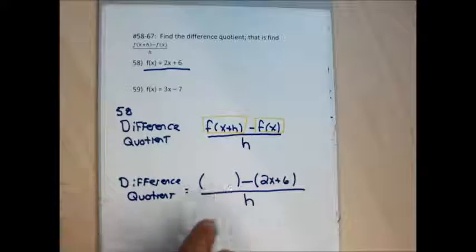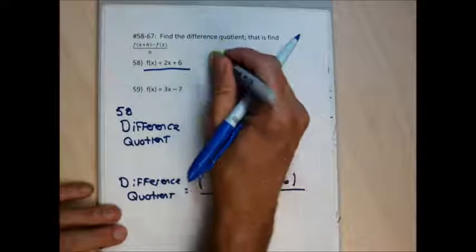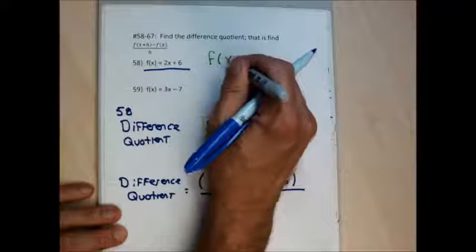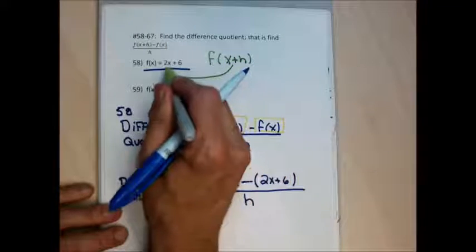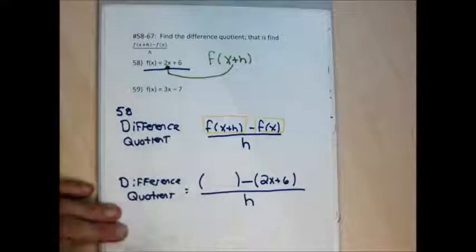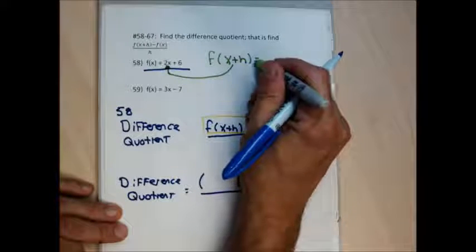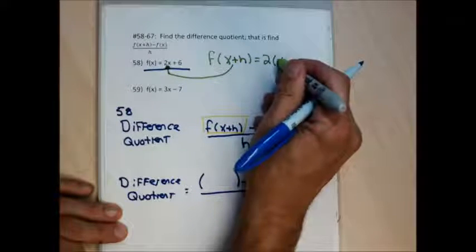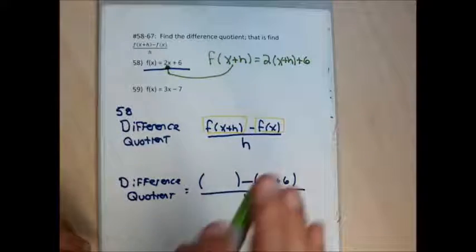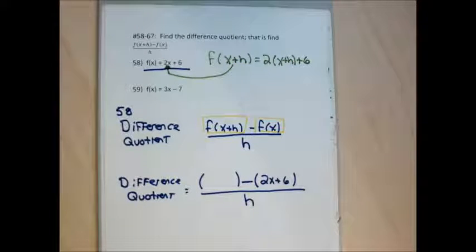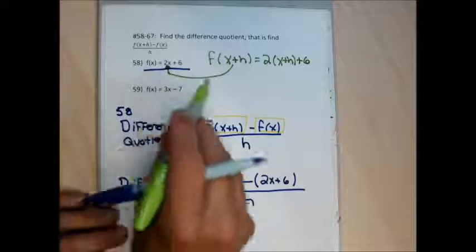The other parentheses isn't as easy to do because I don't know what f of x plus h is, but it's not particularly hard to find f of x plus h. To find f of x plus h, I just take the x in the f function and change it to x plus h. So f of x plus h is going to be 2 times x plus h plus 6. That's just changing that x to an x plus h.